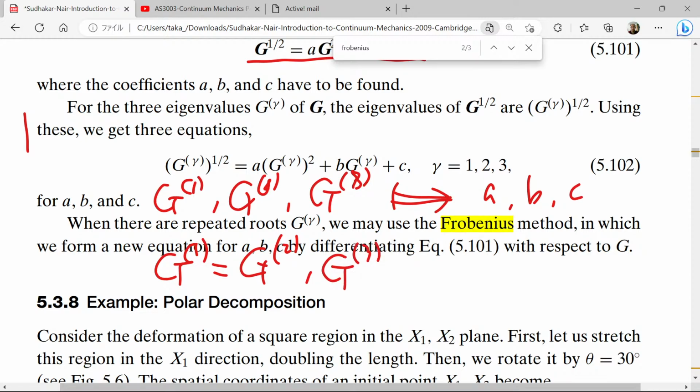So you have two equations. For this, you only have two equations.